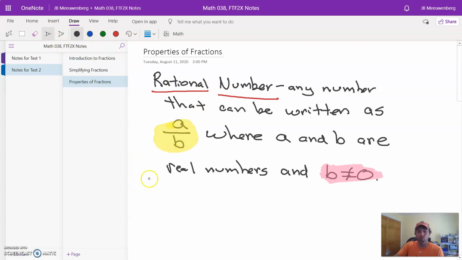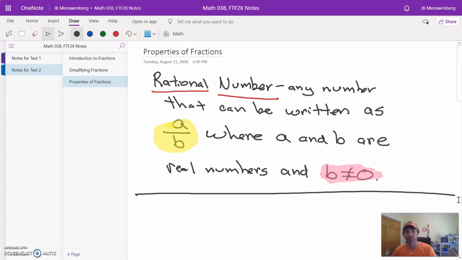So essentially, when you hear the word rational when it comes to algebra or math, rational numbers are fractions, or any number that can be written as a fraction. We do have certain types of numbers called irrational numbers, and there's no way to actually write them as a fraction. You may be familiar with some of them.